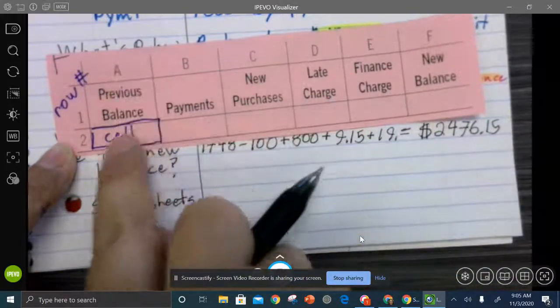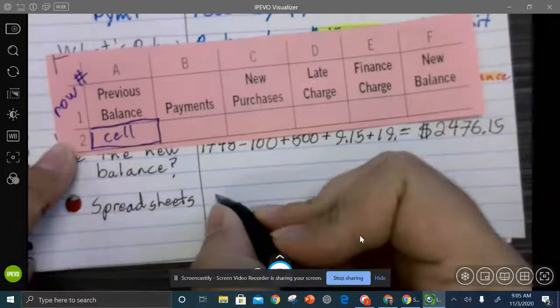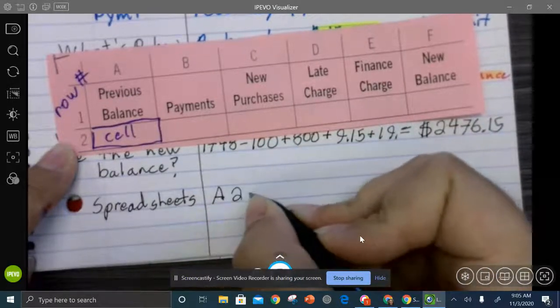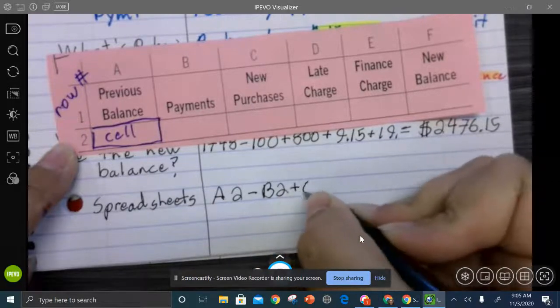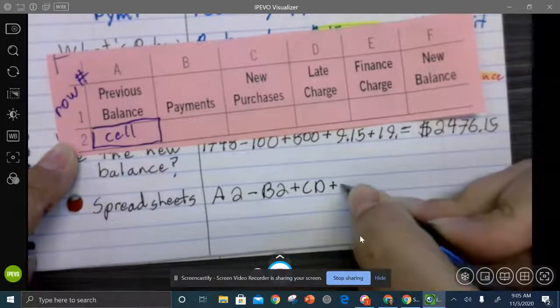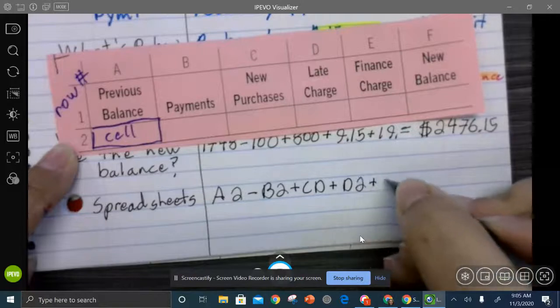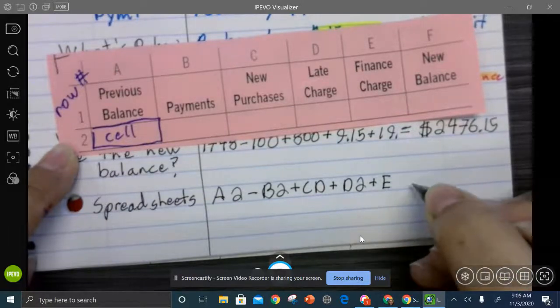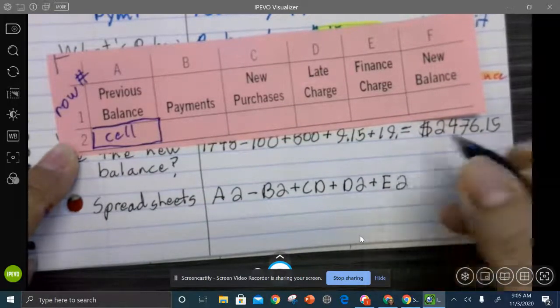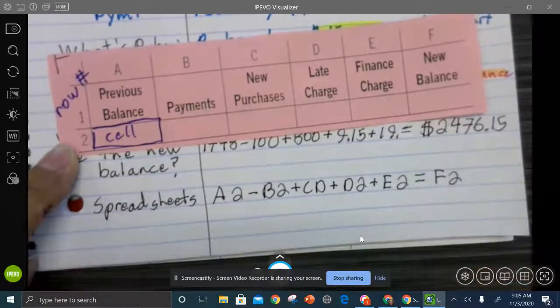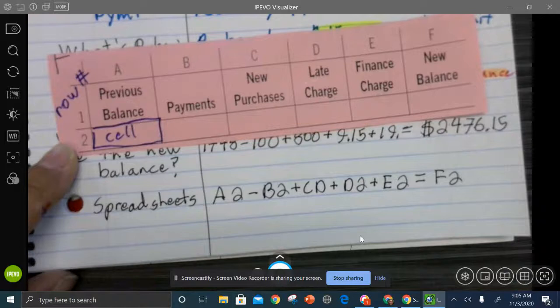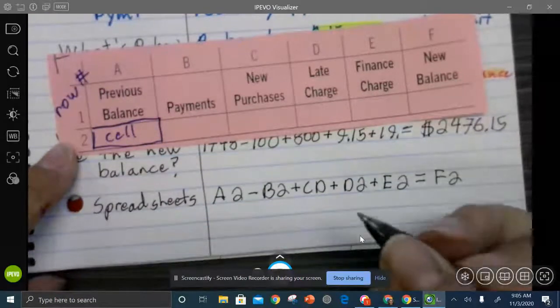So it's A2 minus B2 plus C2 plus D2 plus E2 is going to equal F2. And so that, everybody, is a spreadsheet.